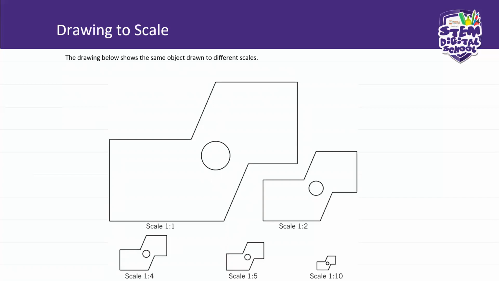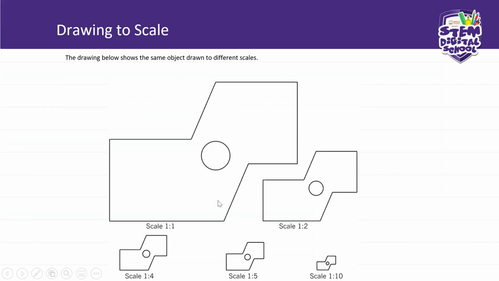Now, if you are drawing to scale, I've made these examples for you to see. This is the same object drawn at different scales, right? The first one, the biggest one, should be 1:1. So what does this mean? It means if I have to make this object, I would simply cut out this pattern and make the object, because this is the actual measurement of the object.